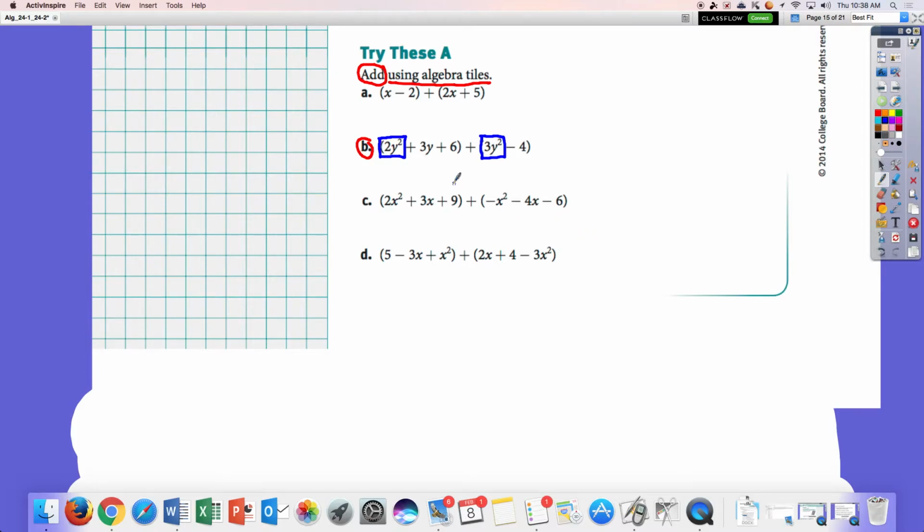In total, that's going to leave me with a positive 5y squared. So my large blue squares are finished. I'm going to move on to green, and it shows me that I have 3y. Well, in the second polynomial, there are no other y values, so that would then leave me with just simply a positive 3y.